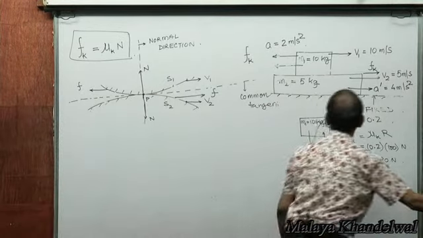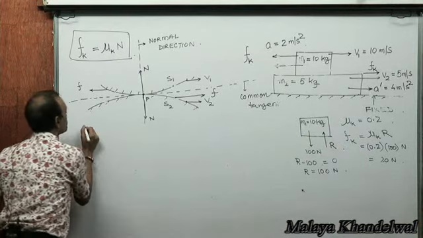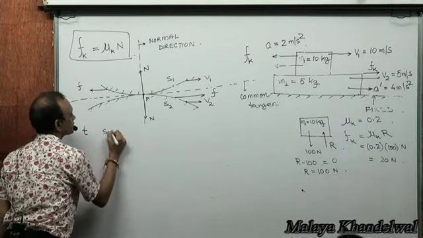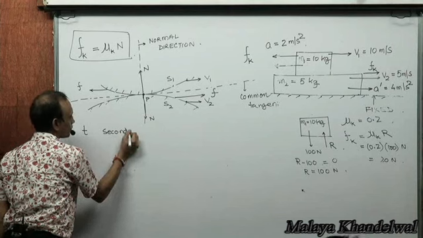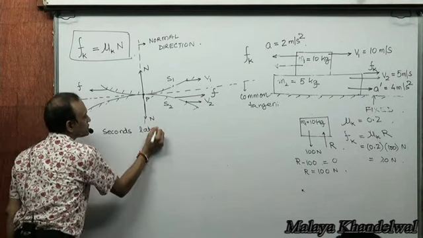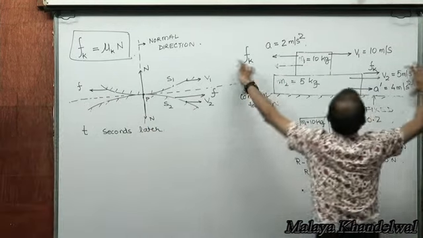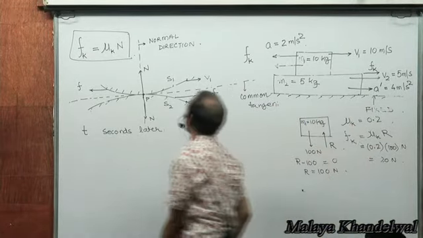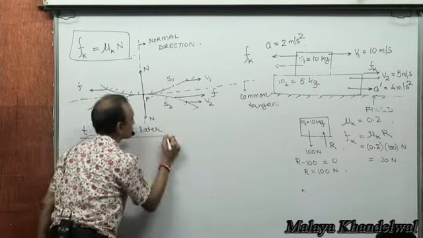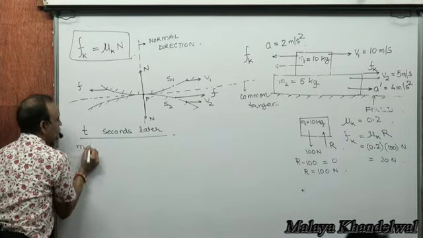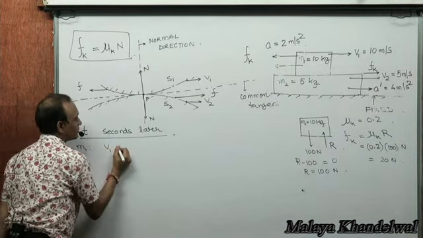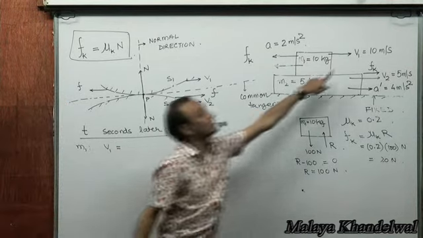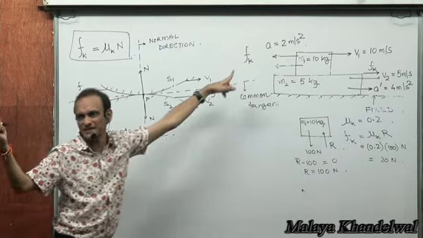So t seconds later, assuming that M2 is large enough so that they don't fall over each other, what is the velocity of mass m1? v1 is initial velocity 10. I'll use v equal to u plus at.